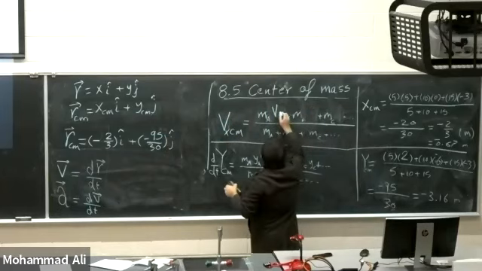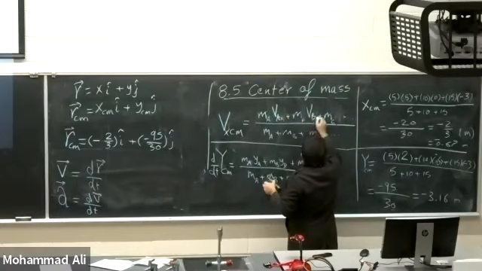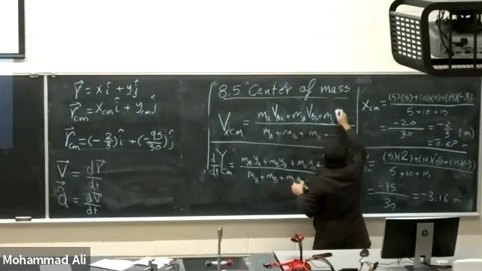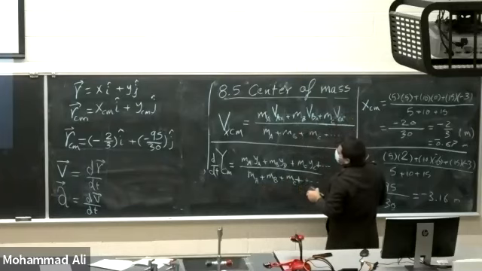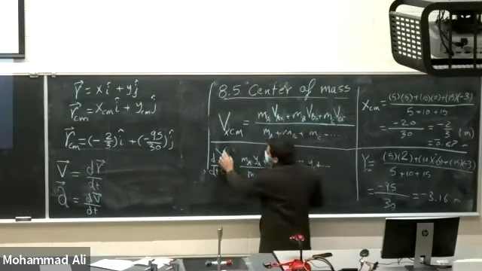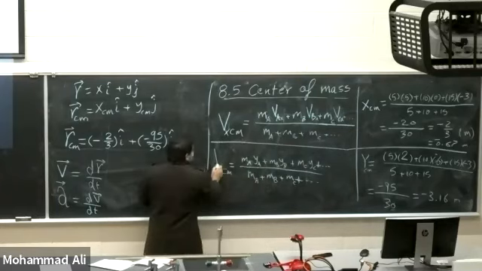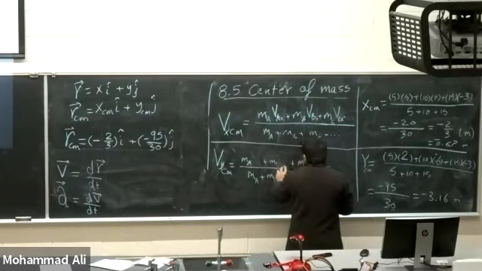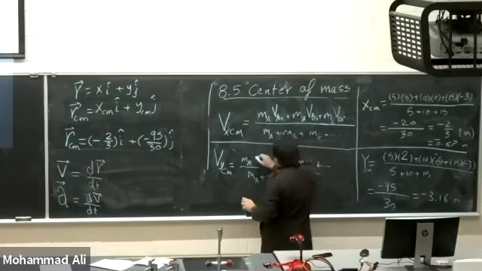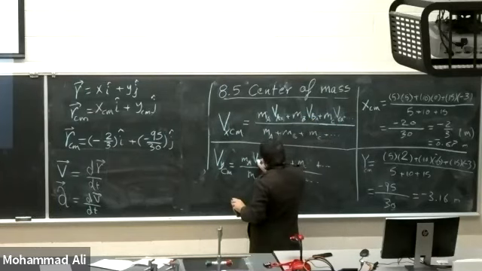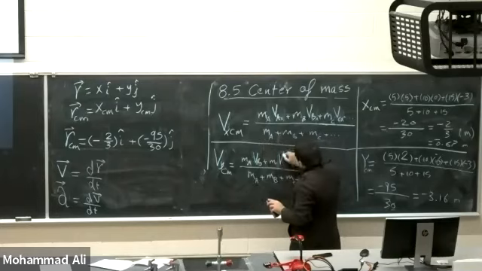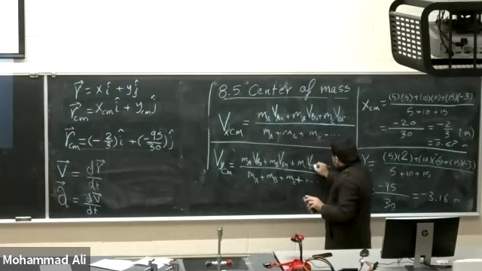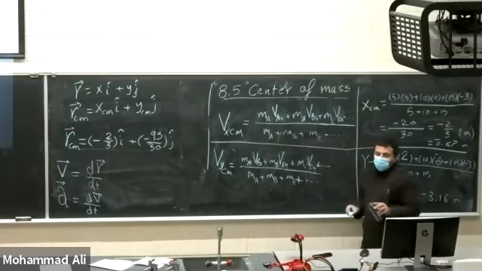This is VA in x direction. This is VB in x direction. This is VC in x direction. If we find it in y direction, this is Vy for the center of mass, which is Vy for A, VB in y direction also, and VC in y direction.